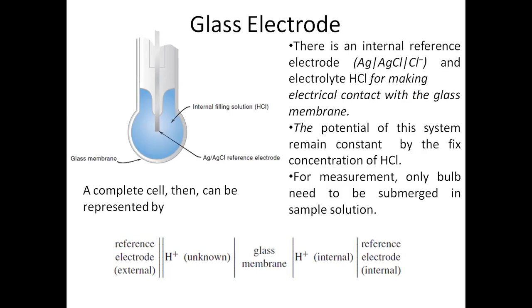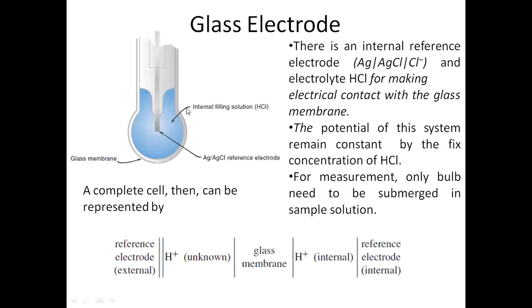So see the formation of the glass electrode, this is the common structure, or the pictorial form. It contains the internal reference electrode, which is made of AgCl, or we can say the silver reference electrode, and it is immersed in an acidic solution, the inert filling solution, inside a glass bulb or glass tube.